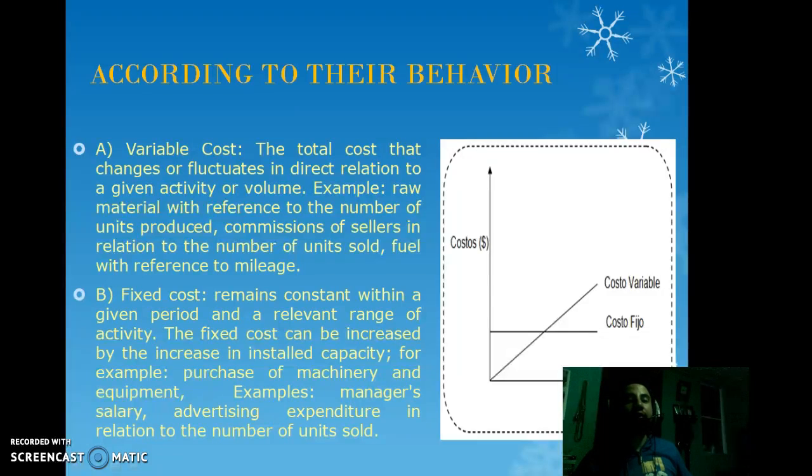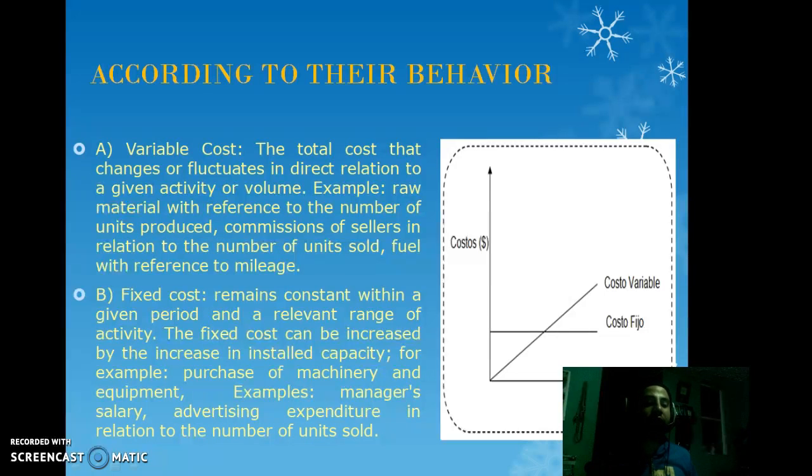Now we can find this section according to their behavior. It is divided into items. The first one is variable costs, the total cost that changes or fluctuates in direct relation to a given activity or volume. Example, raw material with reference to the number of units produced, commission of sellers in relation to the number of units sold, fuel with reference to mileage.